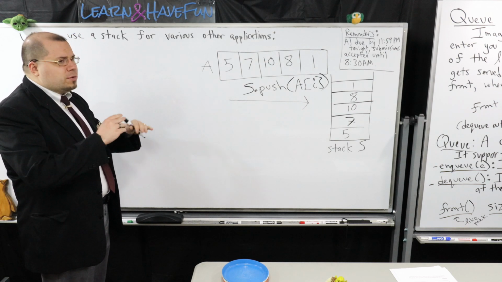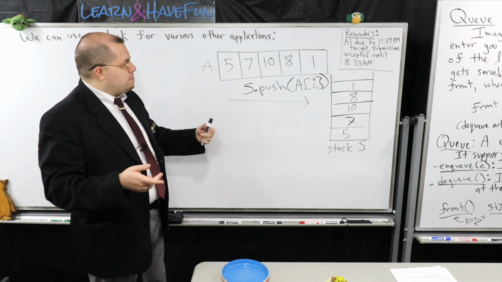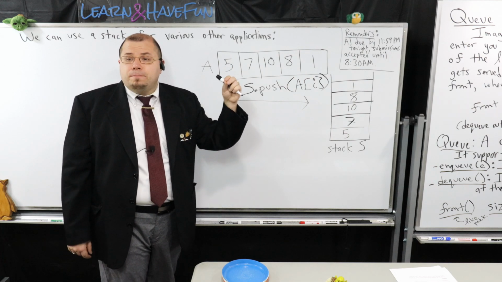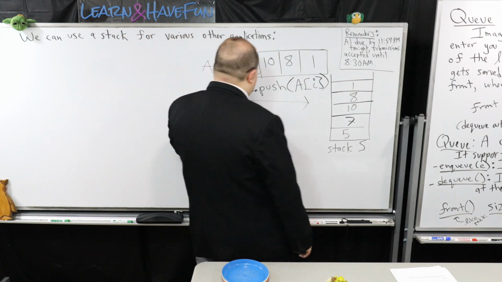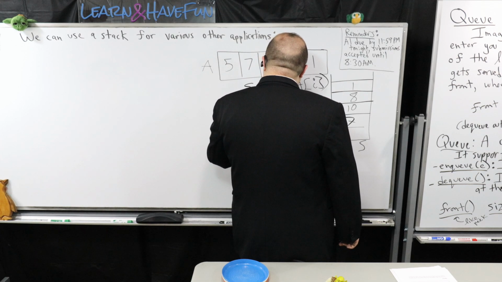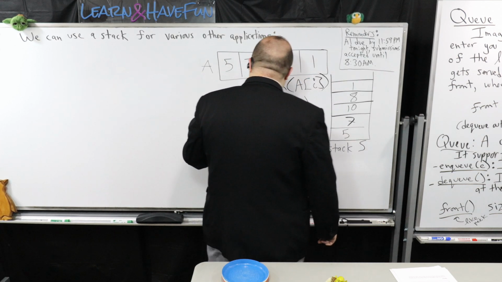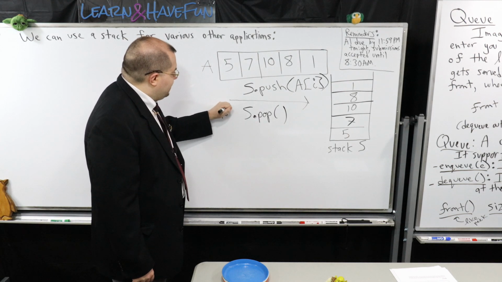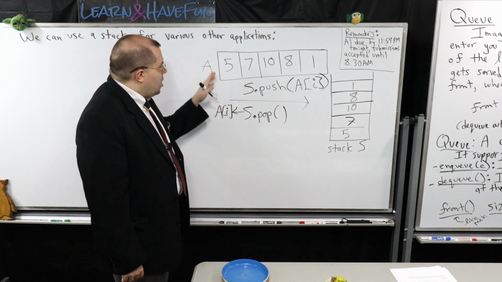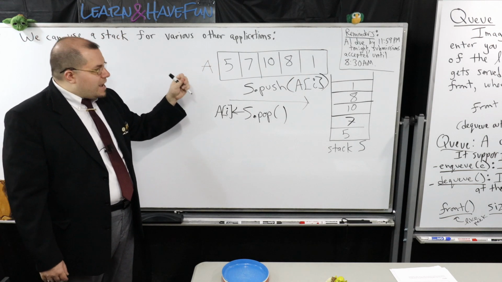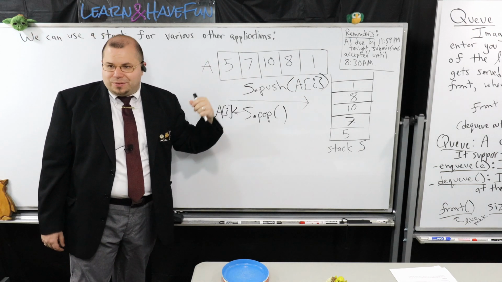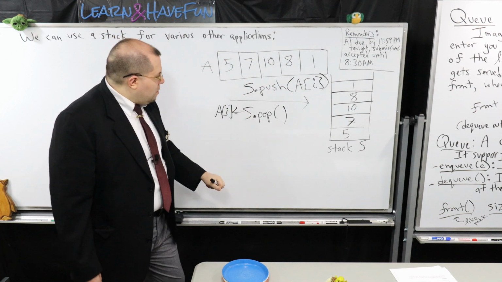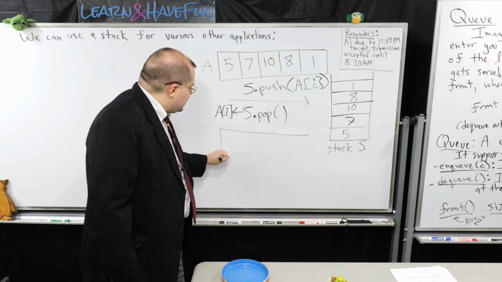If I perform n pop operations, so I go s.pop and get whatever the result of that, and I assign that to be a sub i, so I just scan from left to right again through my array, but instead of scanning, I'm going to assign whatever comes off the top of the stack to each successive position. What would happen? Let's take a look and see what happens.